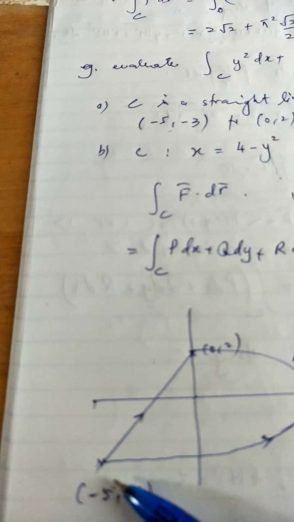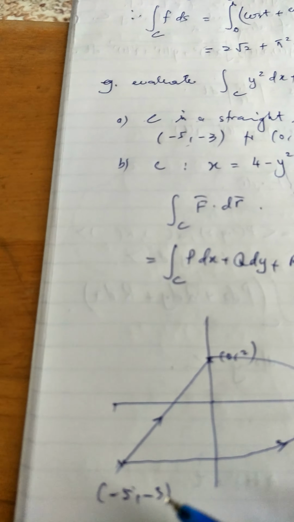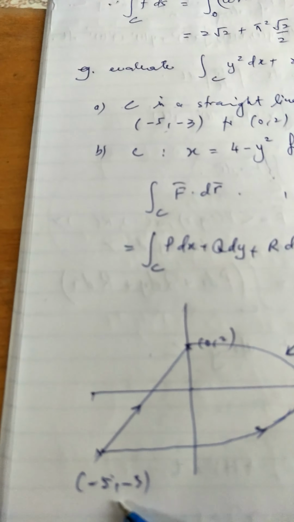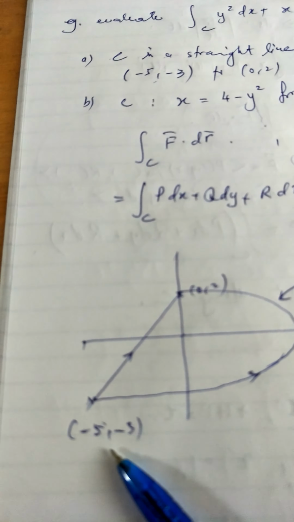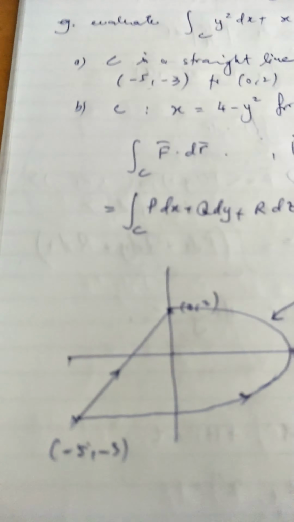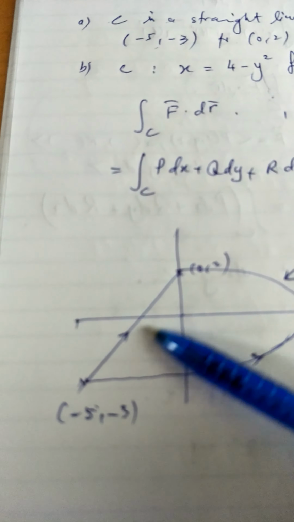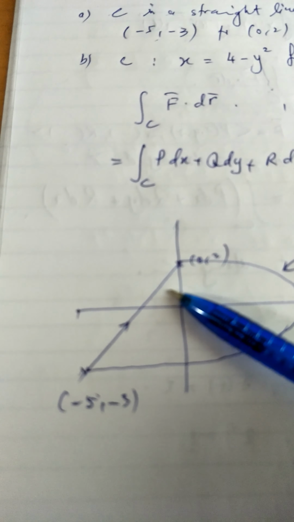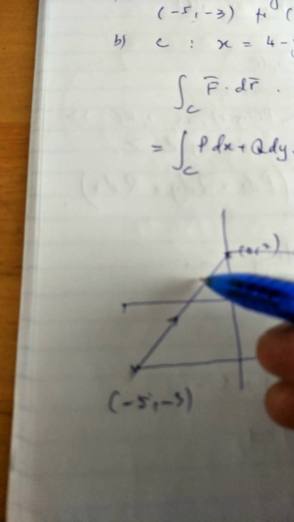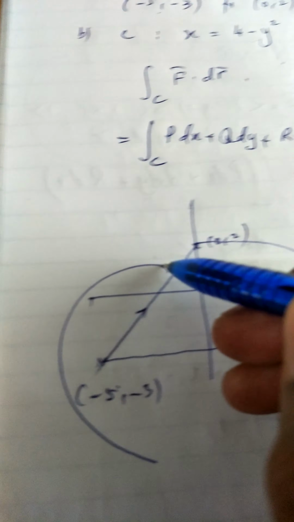Now let us go back to that line from minus 5, minus 3 to 0, 2, a straight line. Definitely you can find the equation of that straight line.